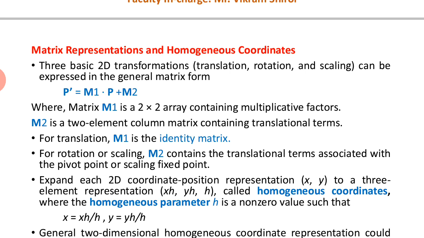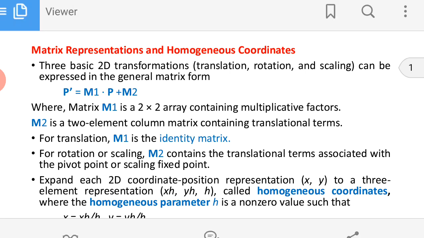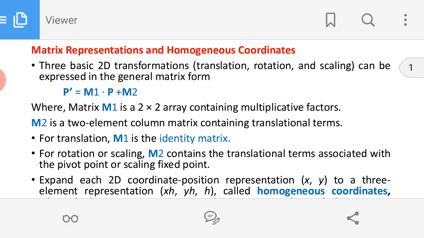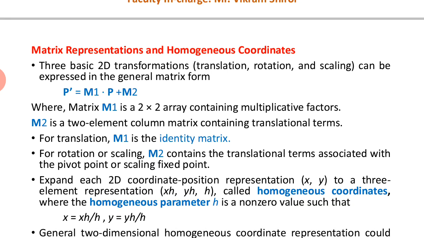Translation is moving an object from one position to another. Rotation is rotating an object by an angle theta. Scaling is increasing or decreasing, that is altering, the size of the object. These are the three basic types of transformations that we discussed.